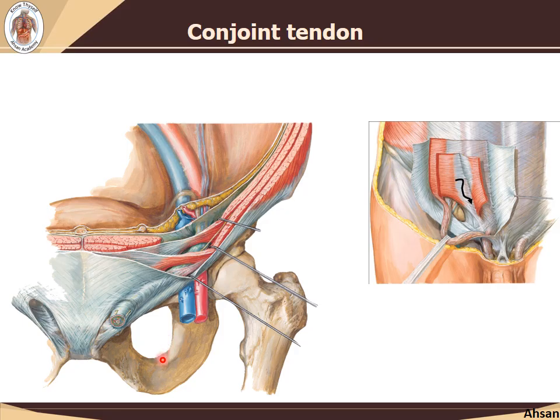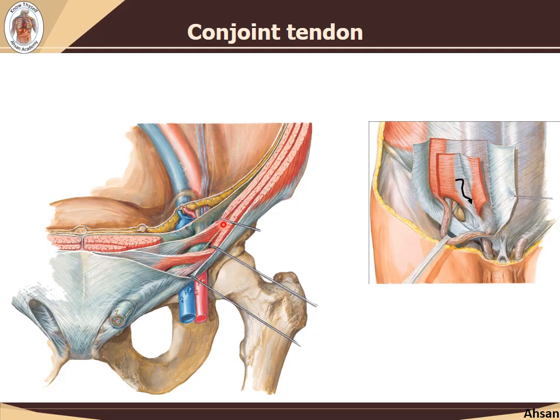Let us see again, because this is a very strong support to the superficial inguinal ring. You can see this is the superficial inguinal ring. It's an opening in the external oblique aponeurosis. Now this is the internal oblique muscle arching over the canal.